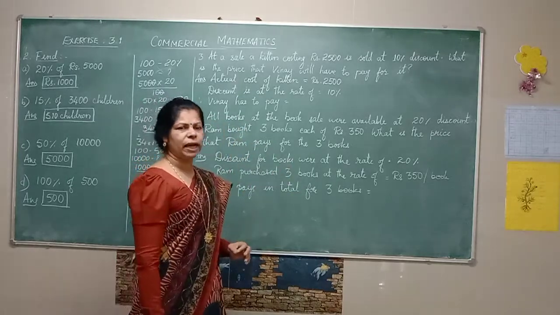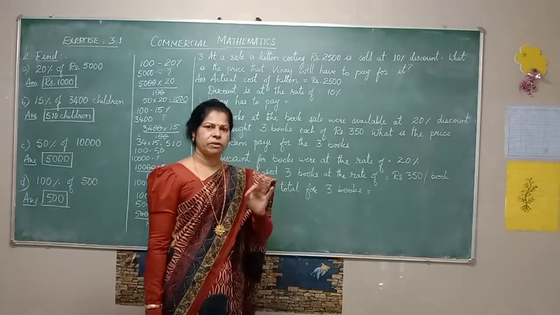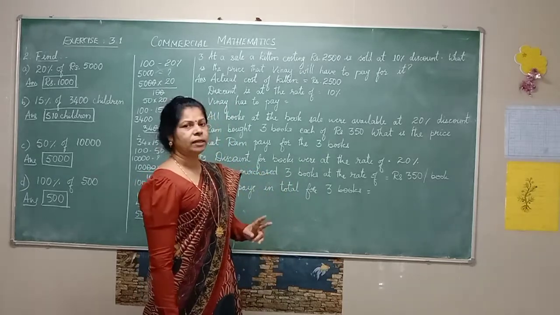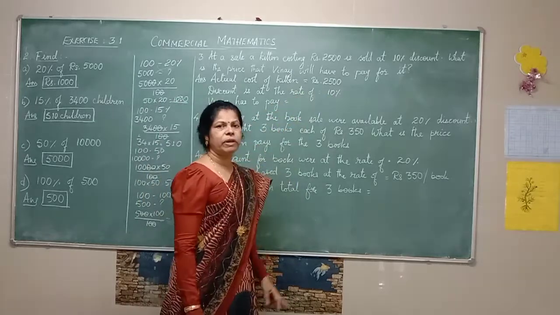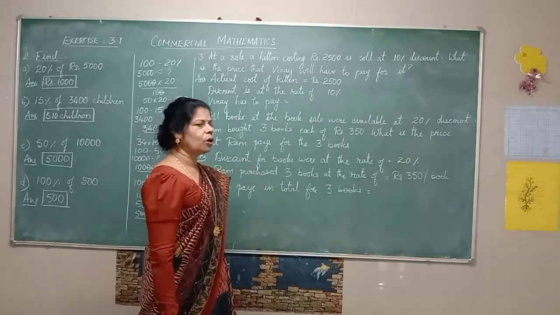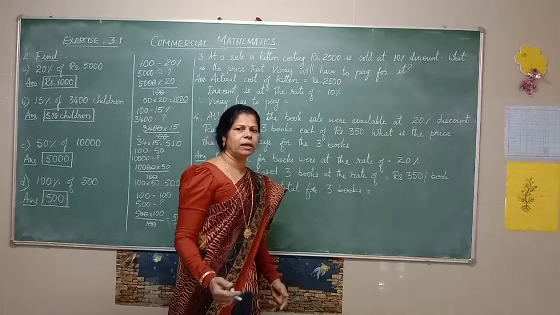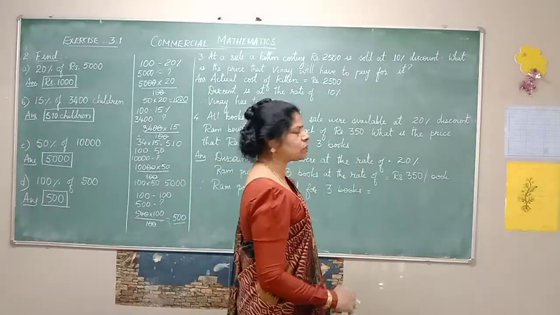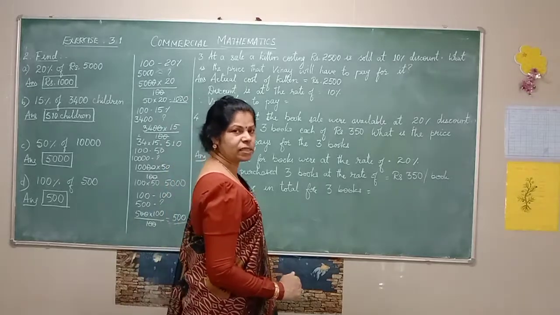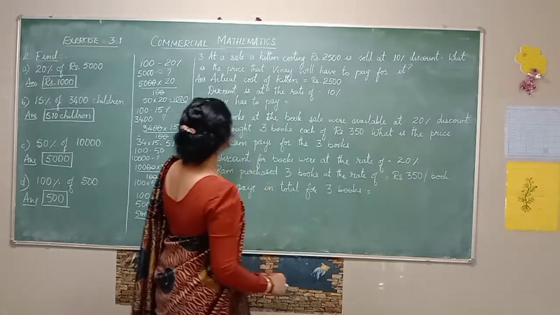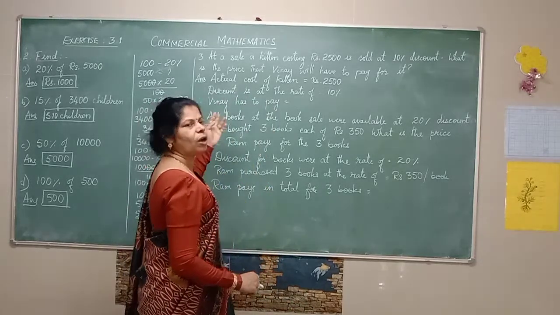The shopkeeper said it costs 2,500, but there is a discount of 10%, so you can buy the kitten for a lesser amount. Vinay was happy because there is a discount. He wondered how much he would have to pay.